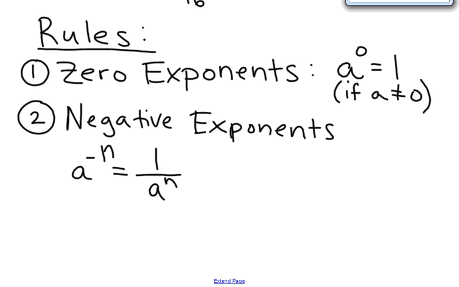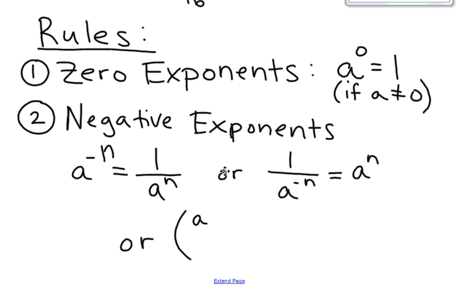A couple of other applications here. If I have 1 over A to the negative n, now my negative exponent is already in a fraction. So all you have to do is undo the fraction, and it becomes a positive. One more that I want to look at: what if we have a fraction, like A over B, to a negative exponent?